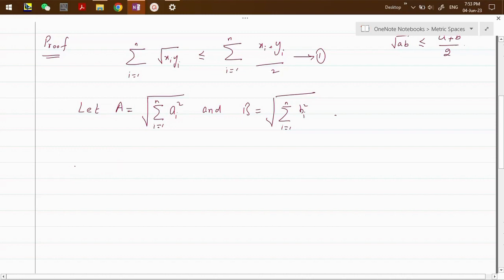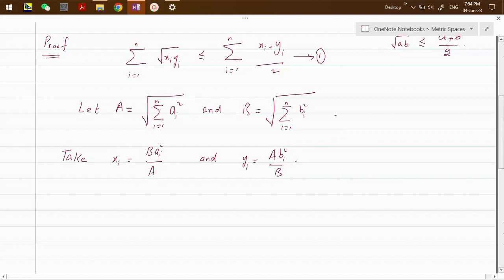Since 1 is true for all non-negative real numbers, we take some non-negative real numbers xi, which can be written as xi equals b ai square over a, and we choose alternatively yi equals a bi square over b.